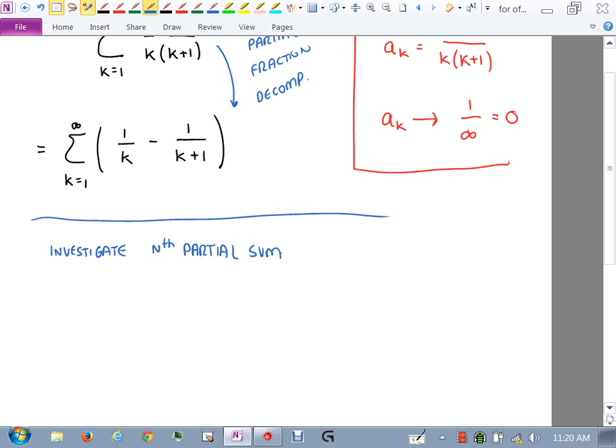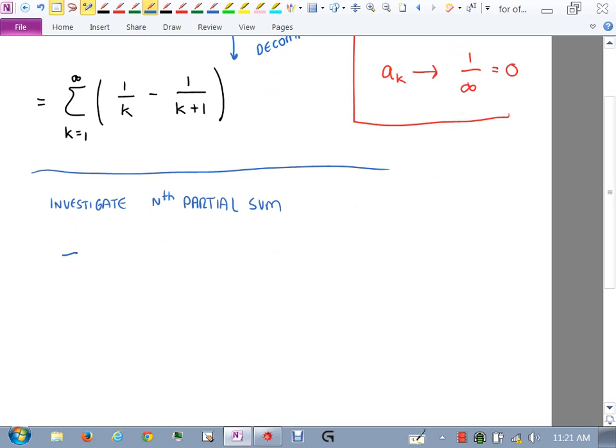What we mean by nth partial sum is, instead of k going from 1 to infinity, I want to look at what the sum with k from 1 to n looks like. So I'm taking not the full sum, but a partial sum, and I'm going to go out to the nth term. Everyone see that's what I'm changing here? What does that look like for 1 over k minus 1 over k plus 1?